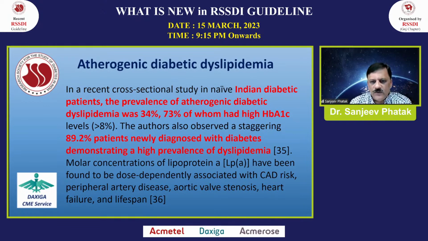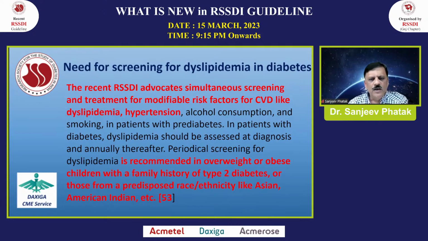Moreover, the concentrations of lipoprotein small a were also found very high in our diabetic patients, and that also was accountable for increased cardiovascular risk, increased peripheral arterial disease risk, aortic valve stenosis, heart failure, and reducing the lifespan as well.